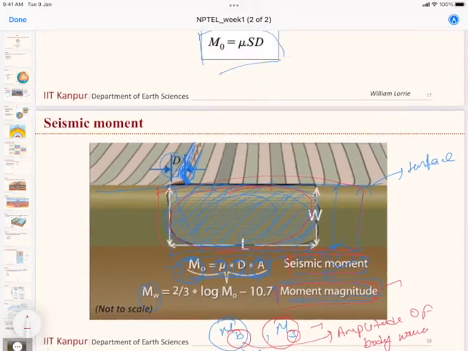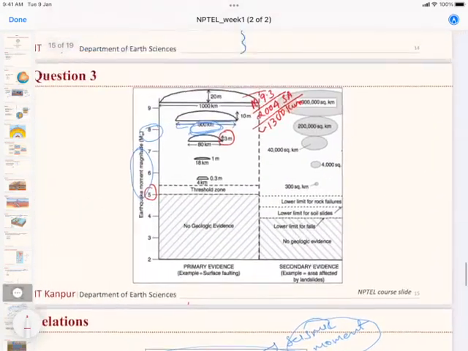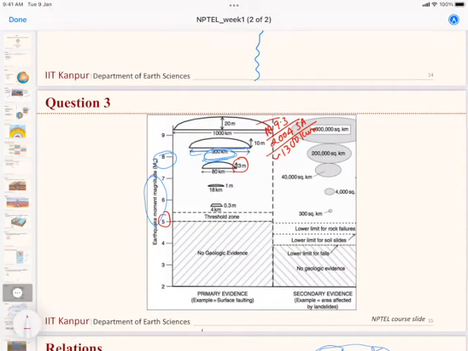Even in this figure you can see the same kind of relation. As the magnitude is increasing, you can see that the surface rupture length, which is in kilometers, is also increasing. When we talk about a moment magnitude of 9, you can imagine how long this surface rupture is.